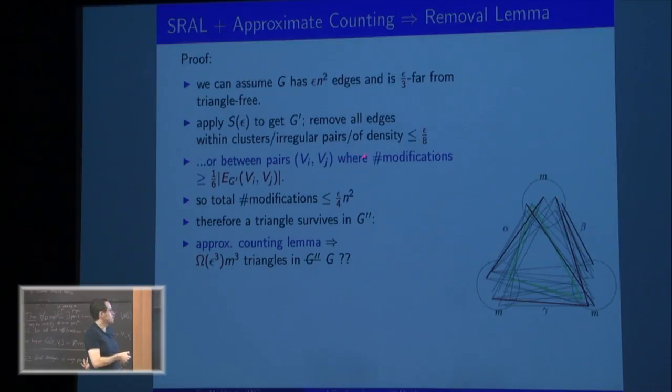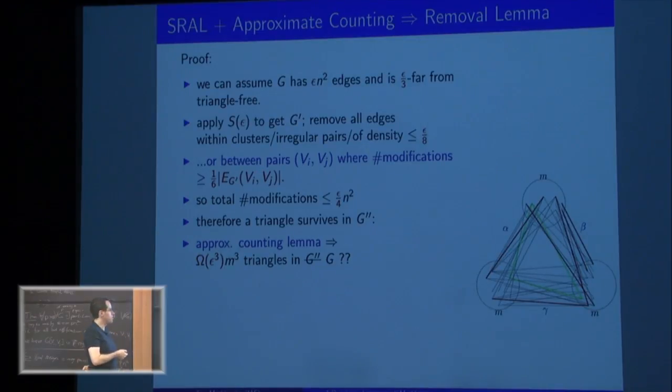So in addition to these removals, we're going to also remove all the edges between pairs Vi, Vj where the number of modifications that SRL made was greater than 1/6 of the edges there. Of course, different pairs have different numbers of edges, but it's relative to the number of edges there.